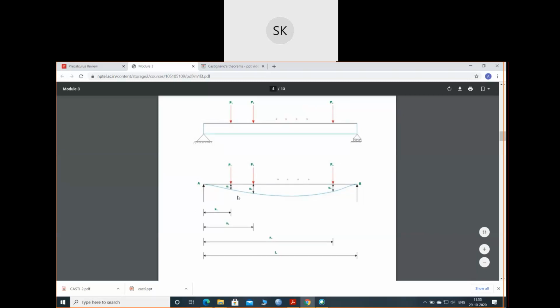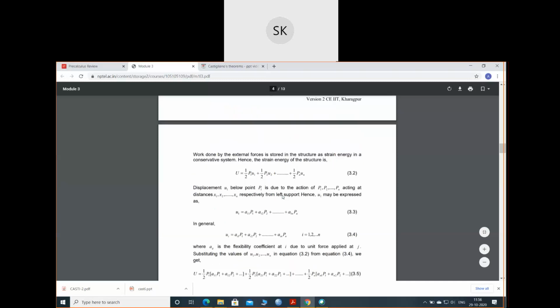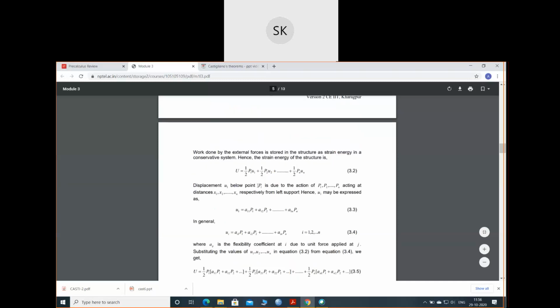I repeat, the deflection you are getting at this point is U1. This is due to all the forces. So displacement U1 is due to the action of P1, P2 till Pn acting at distances x1, x2 till xn respectively from the left support.